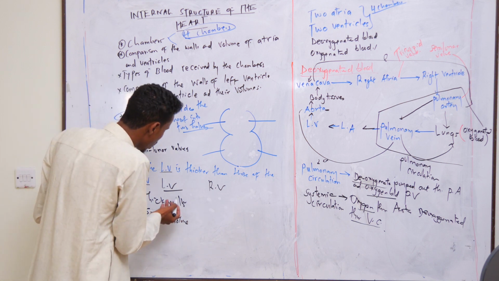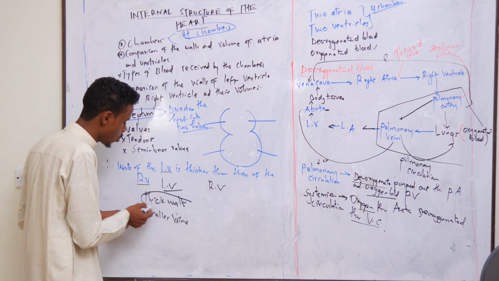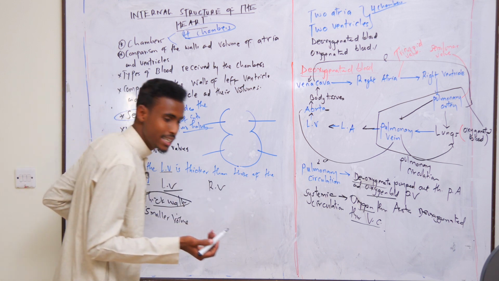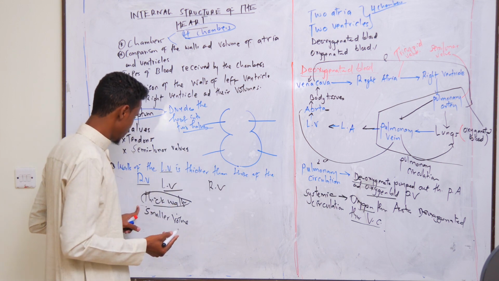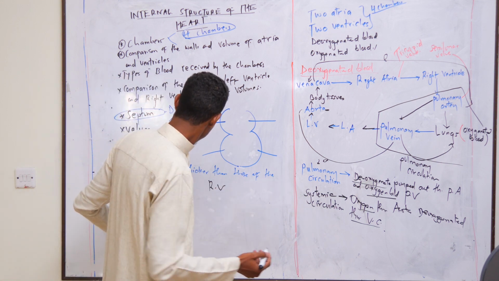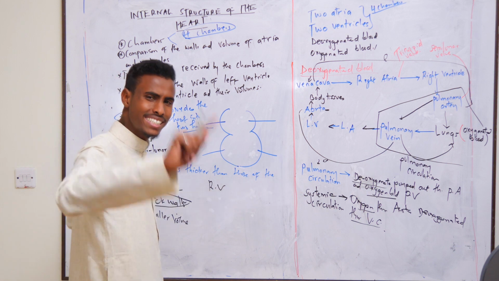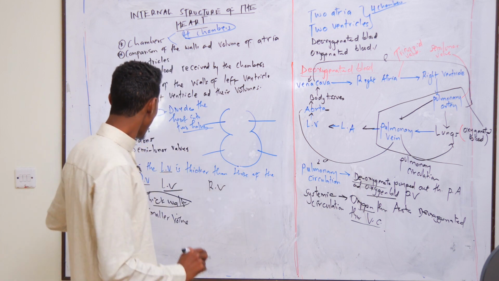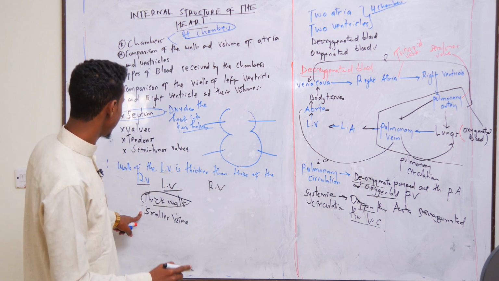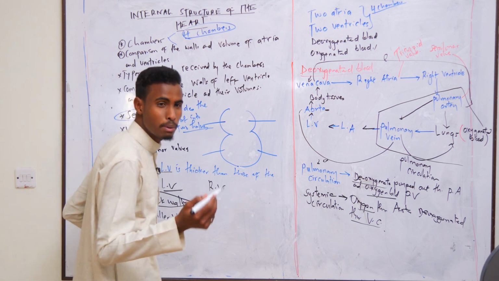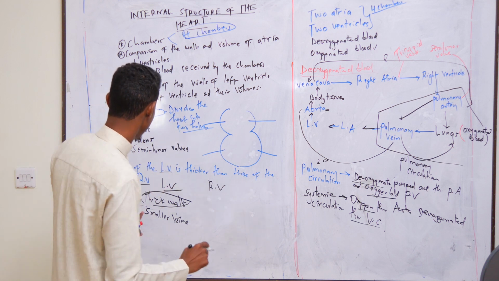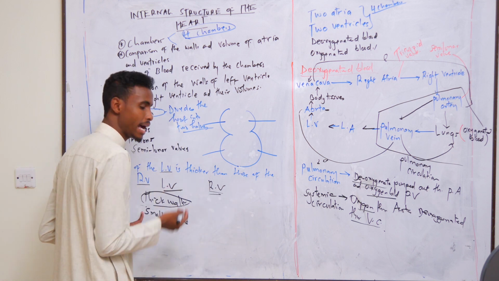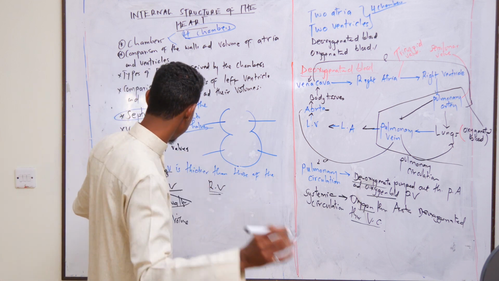The walls of the left ventricle are thick primarily to be able to generate high pressure to pump blood to the distant body organs. Or, in a simpler way, you can say the left ventricle pumps blood to all body tissues and organs which are far located, while the right one only pumps blood to a shorter distance, that is the lungs.